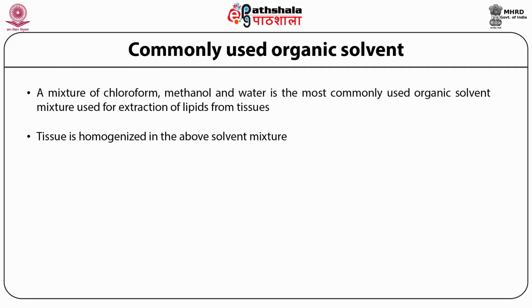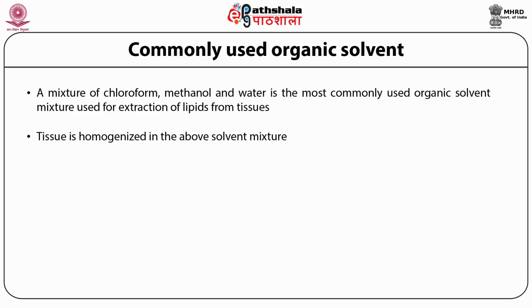A mixture of chloroform, methanol, and water is the most commonly used organic solvent mixture for extraction of lipids from tissues. And note here that this solvent system has non-polar solvents as well as polar solvents, which will ensure the extraction of all types of lipids from the tissue.